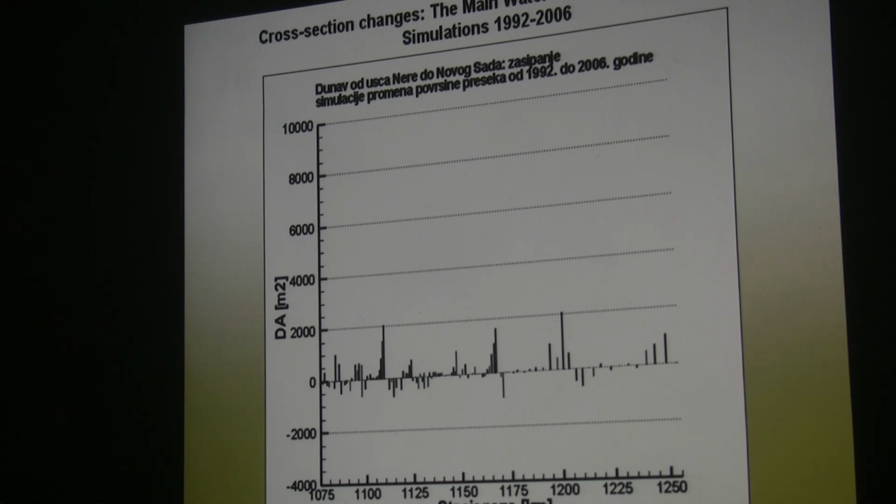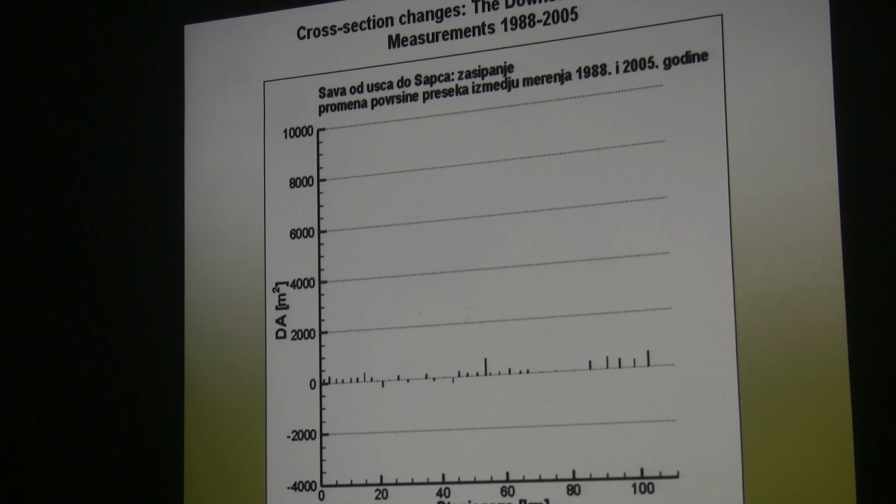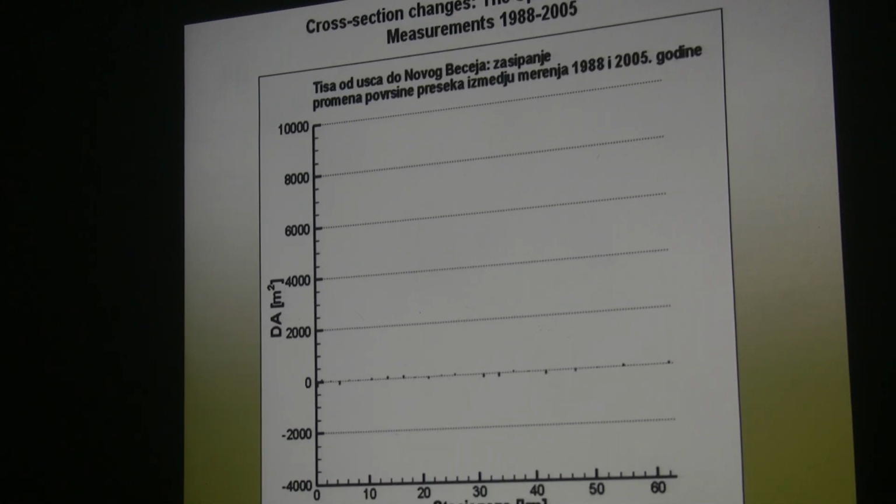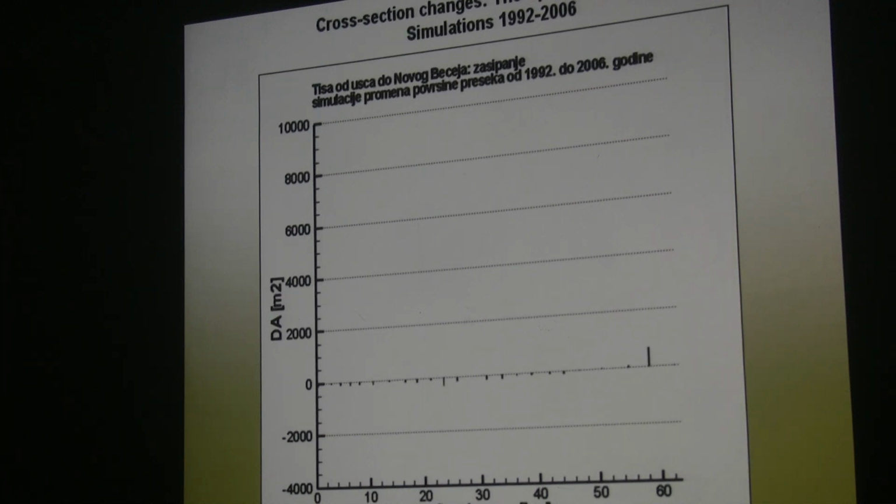On tributaries, on the Sava River, there are far more intensive morphological changes as compared to the Danube. A similar situation holds with our simulations, and on the Tisa there are also small changes, with a similar order of magnitude of changes that the model recovered.